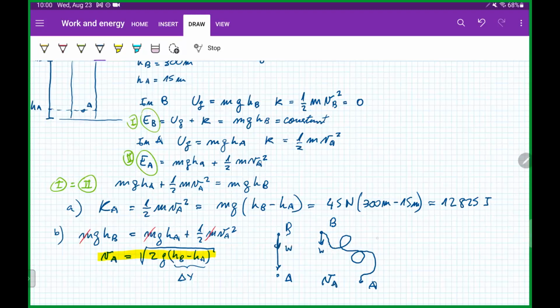We wouldn't be able to solve this with our equations of motion, right? But we are able to solve it with energy. Any questions about this?